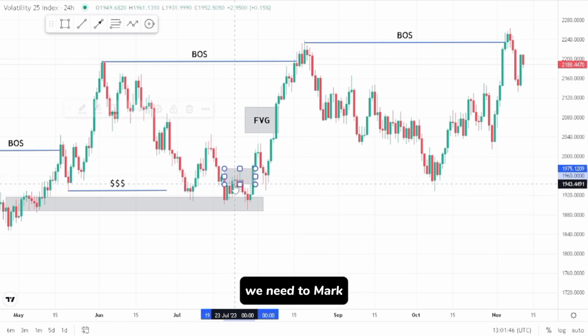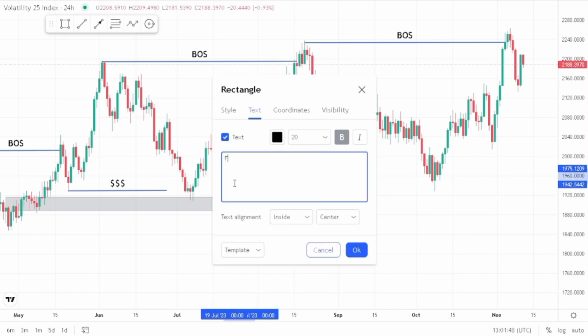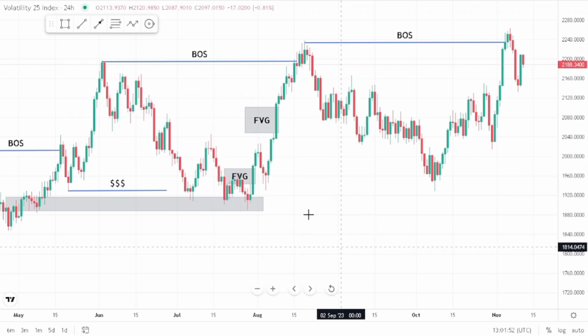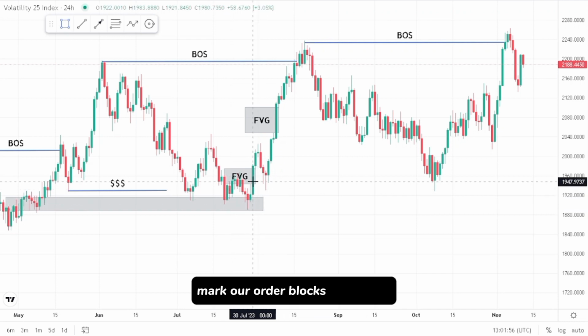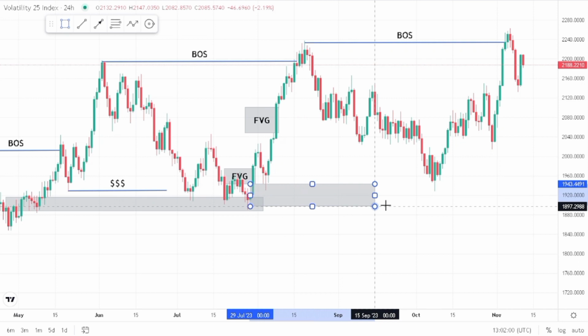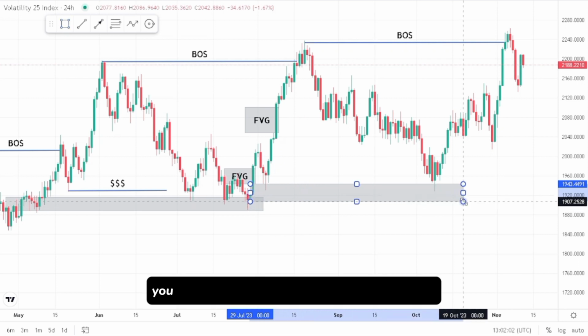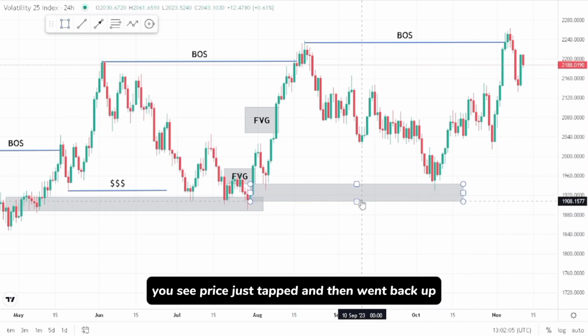We need to mark FVG, and then mark our order blocks. Is that the one where price just tapped and then went back up?